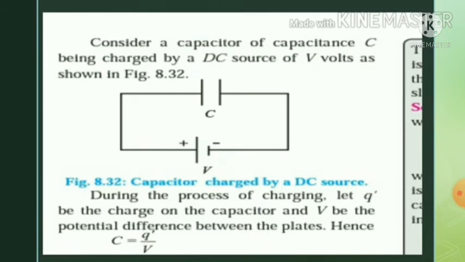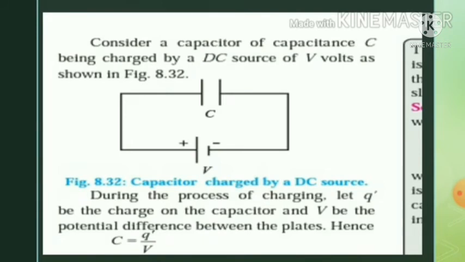Consider a capacitor of capacitance C being charged by a DC source of potential V volts, as shown in figure 8.32.